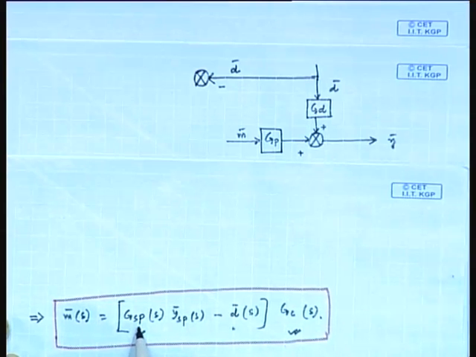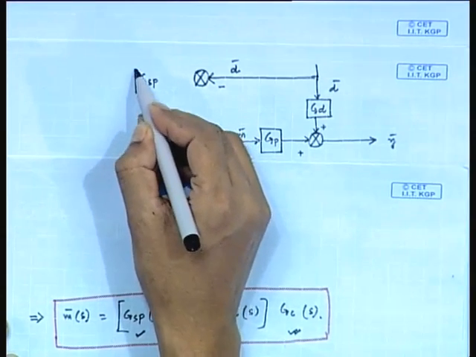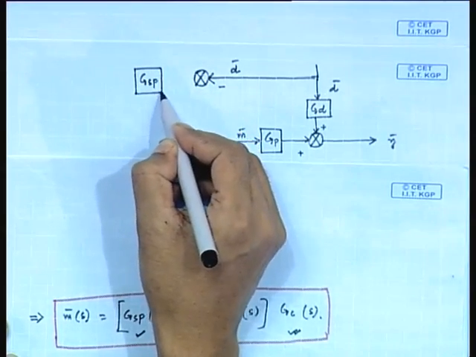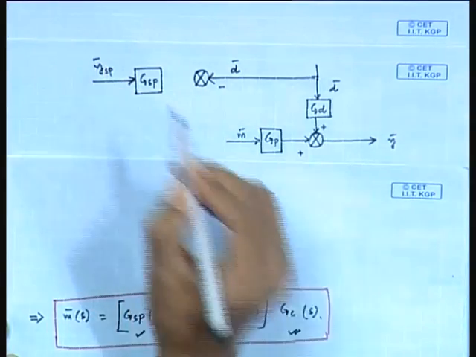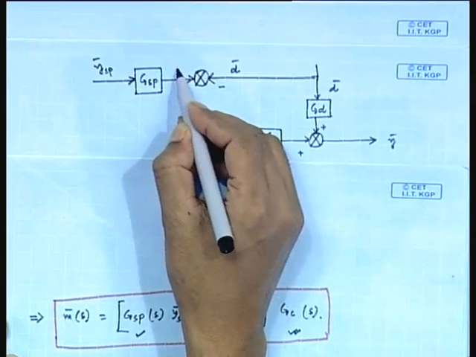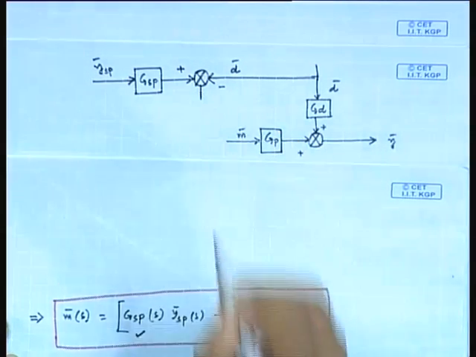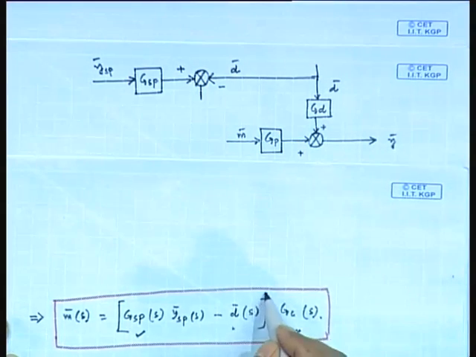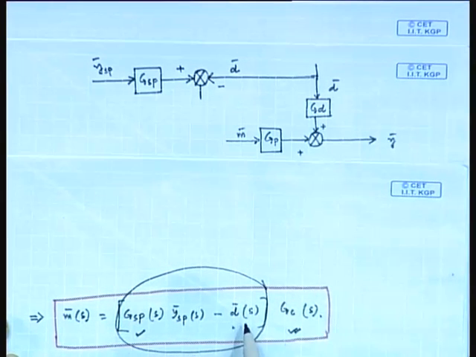Next GSP YSP. So, we can put here set point element and input to this set point element is y set point. This is positive. Fine. The output of this comparator is the error, GSP y set point minus d, that is the error.